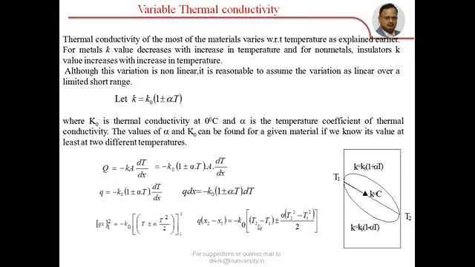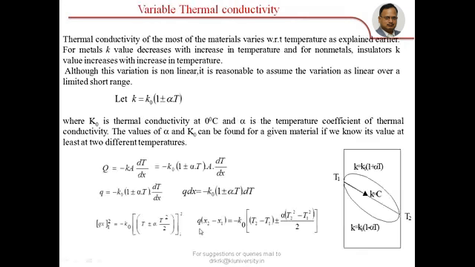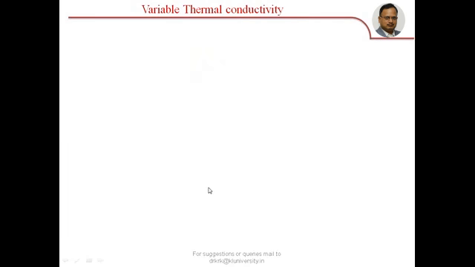From these two terms, let us take common T2 minus T1. You will get q equal to, this x2 minus x1 comes to the denominator, and T2 minus T1 common, 1 plus or minus alpha, this becomes T2 plus T1 by 2.